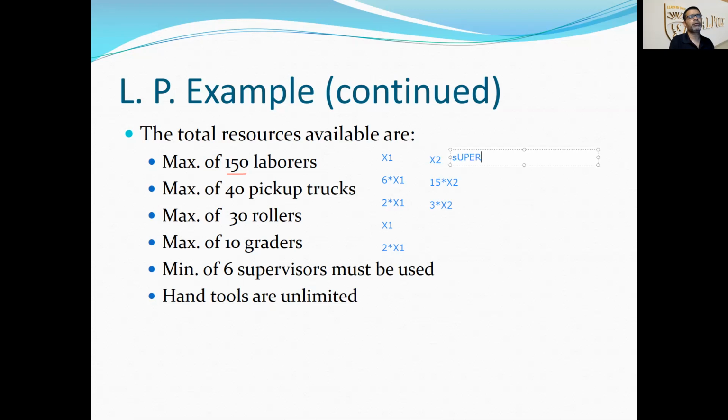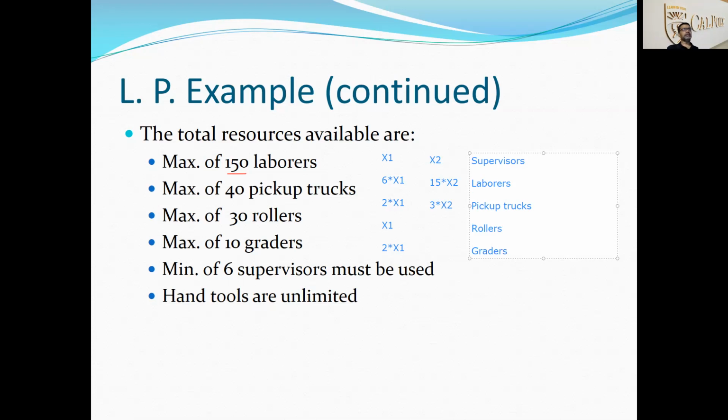So this was based on supervisors, if you recall correctly. The second one was based on laborers. The third one was based on pickup trucks. The fourth one was based on rollers, and the fifth one was based on graders.